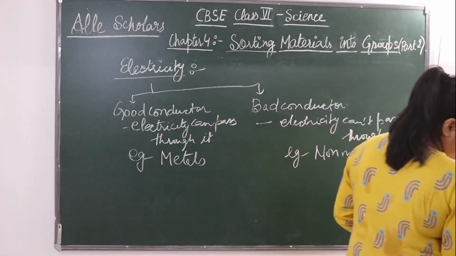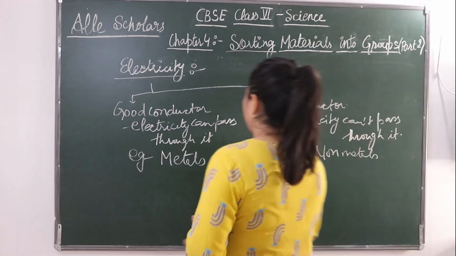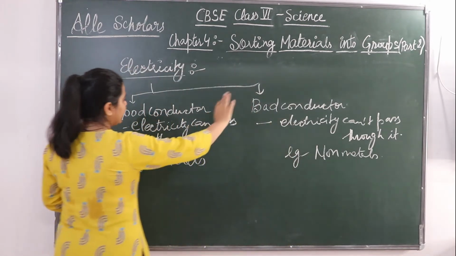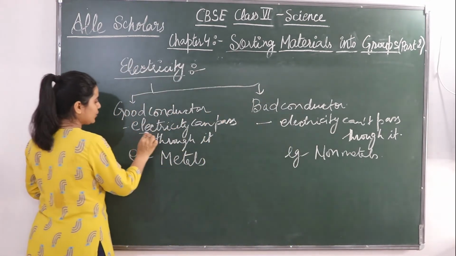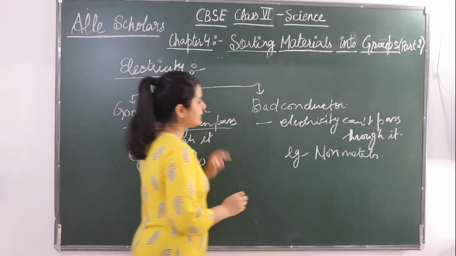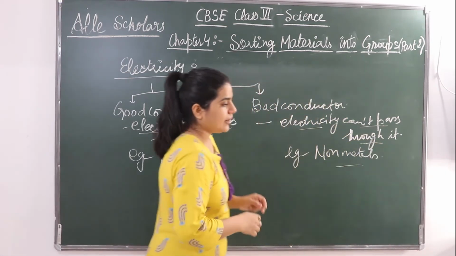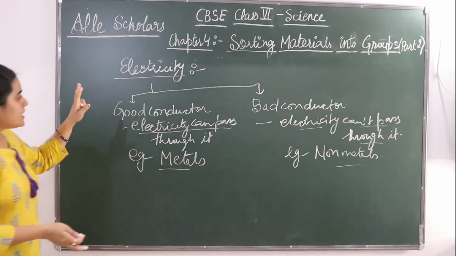On the basis of electricity, a good conductor is one through which electricity can pass, and the example is metals. A bad conductor is one through which electricity cannot pass, and the example is non-metals.